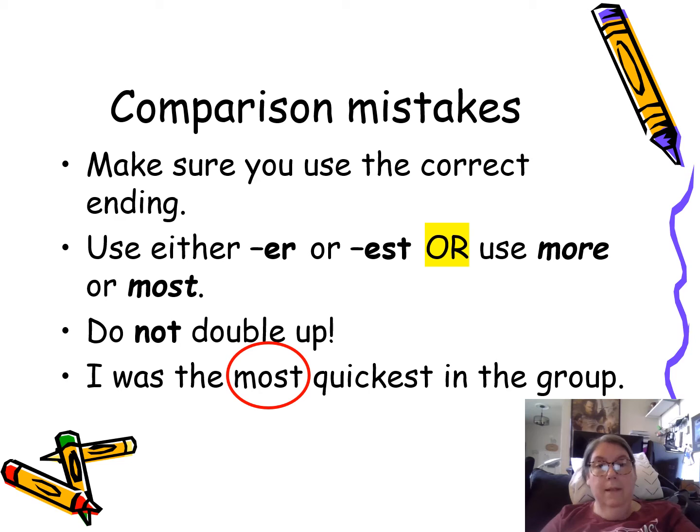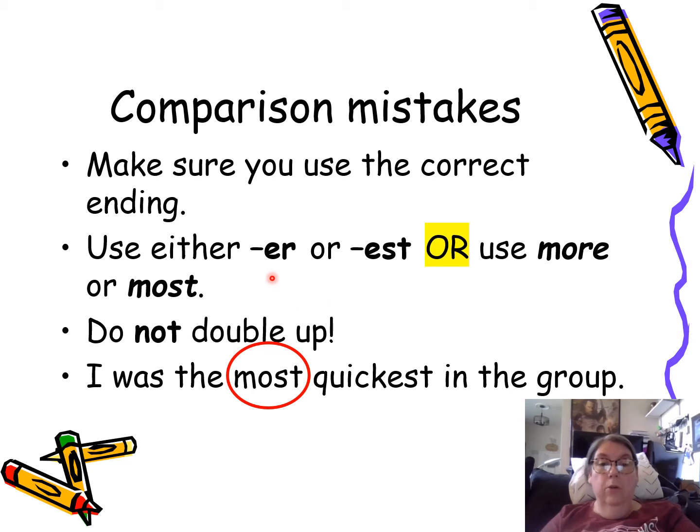The most common mistake is comparison mistakes that we make both with adjectives and adverbs. How you make them compare, whether you're comparing one thing or two things, is the same whether you're talking about adjectives or adverbs. It depends on whether it has an ending or not. If it already has an ending, we don't want to add another ending.